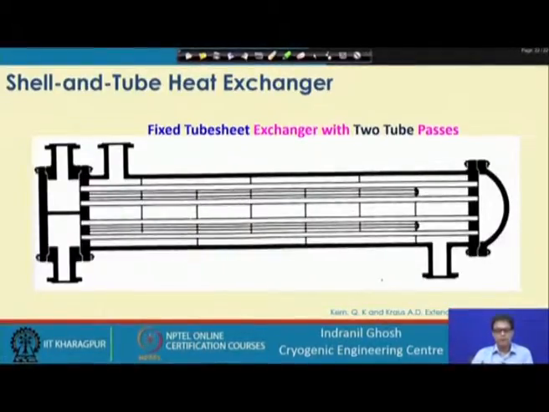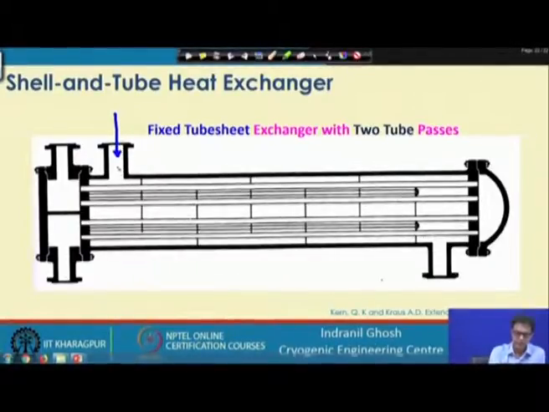For example, there are different types of shell and tube heat exchangers as we have told, and we will only show some of them in this lecture. Here you can see this is the shell side fluid.